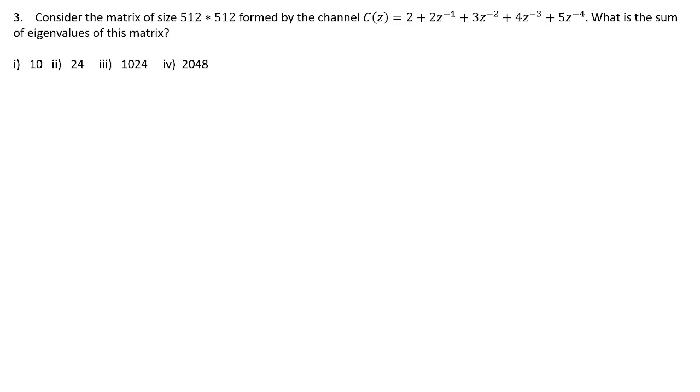You can see there are 5 coefficients, therefore the number of channel taps is 5. This channel forms the matrix which we considered in the previous problem, of size 512 cross 512. So what is the sum of eigenvalues of the matrix?